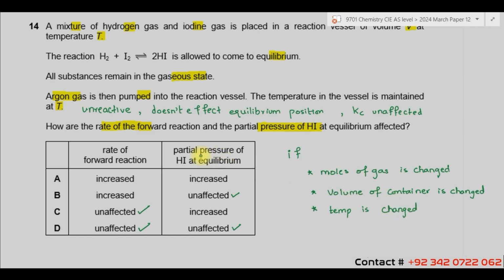So these three things can affect the partial pressure of hydrogen iodide at equilibrium. Correct answer is therefore D.